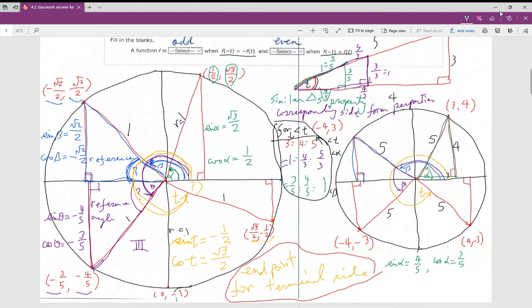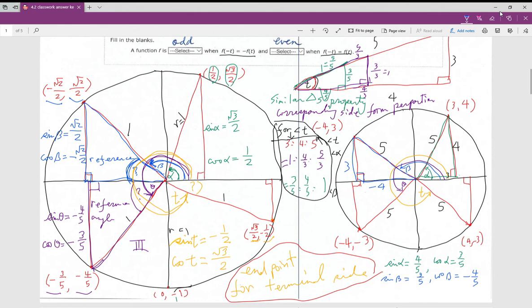And then we have the blue color, this is 3, this is 4, because the y value is 3 and the x value actually is -4. So we have sine beta equals positive 3 over 5, since sine is the y value. And the cosine beta is -4 over 5.